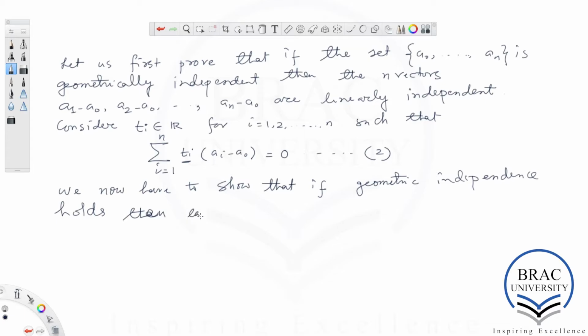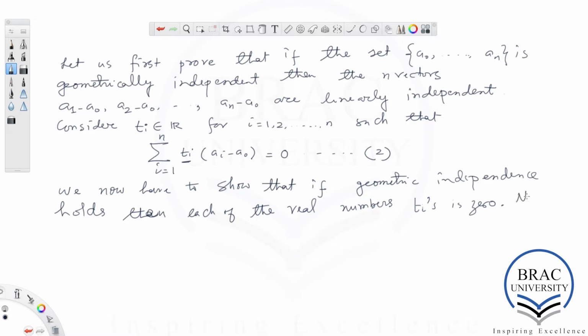Then each of the real numbers ti's is 0. This is what we need to prove.